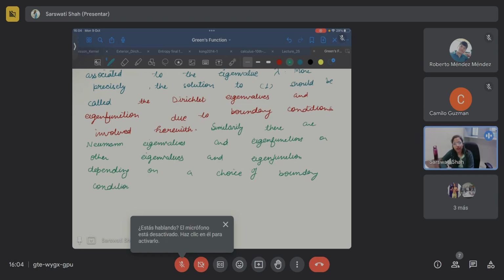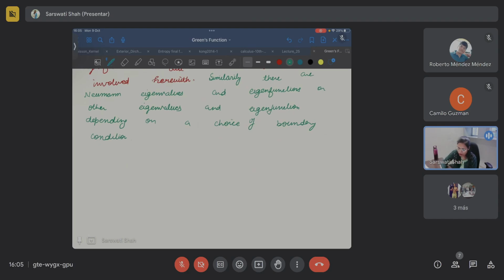In the same way, if we have the mixed boundary condition, it will be the Robin eigenvalue and eigenfunction problem. Next, we are going to solve an example to understand how we are going to describe the eigenvalue and eigenfunction of the given n-dimensional problem.